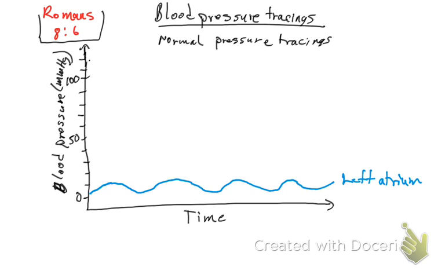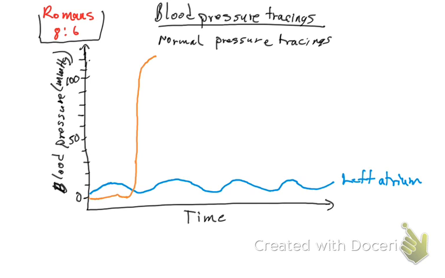After the left atrium, which one do you think comes next? The left ventricle. We're going to do it in orange. The left ventricle has a pressure of 0. Starting at 0, you move on a little bit here, and then you go all the way up to 120, approximately.